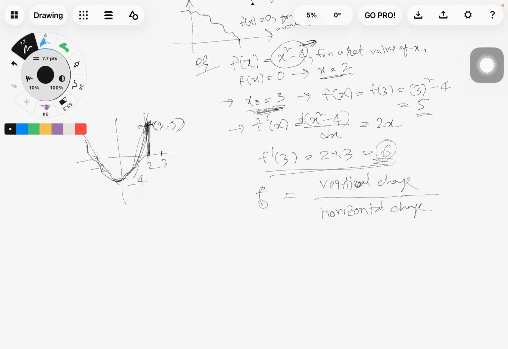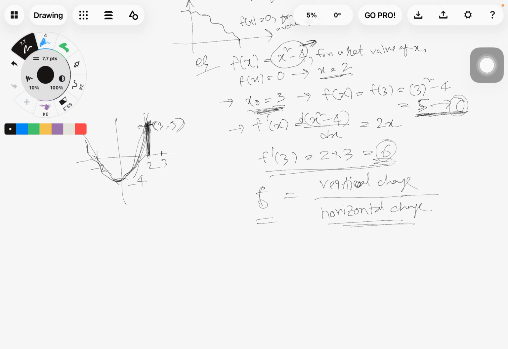Now what is our goal? Our goal is to take this f(3), which is giving us 5, and take it to 0, right? We're 5 units above the x-axis. We have to go back and make sure that the function converges to 0. How do we do that? Well, we know our rate of change, we know our f dash x, right?